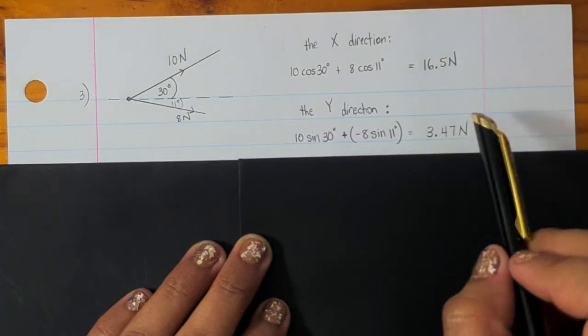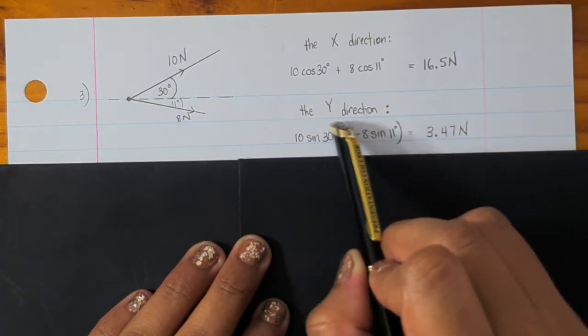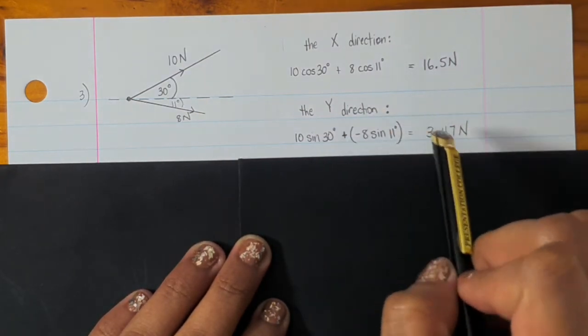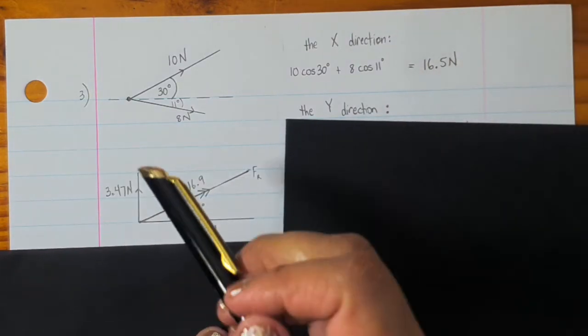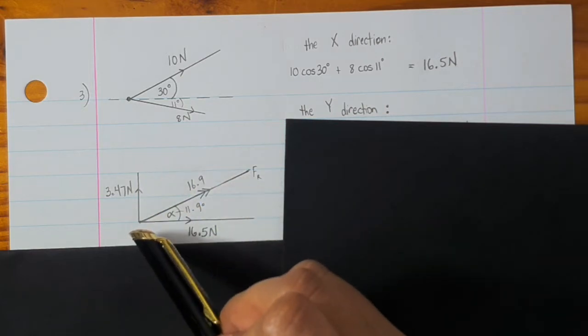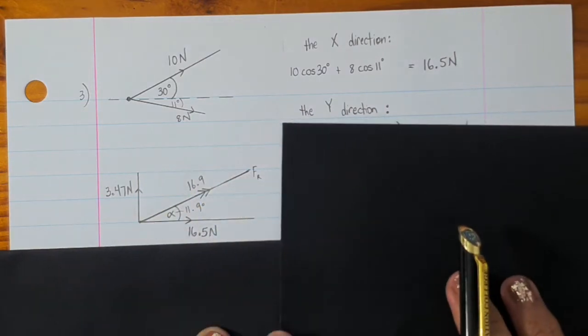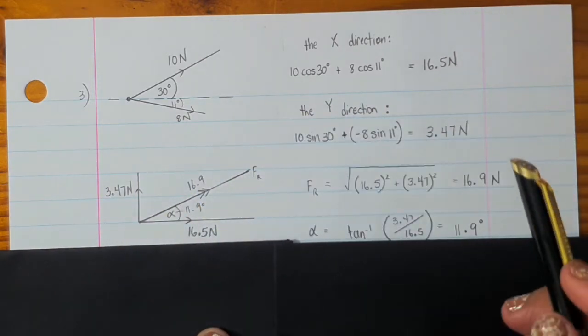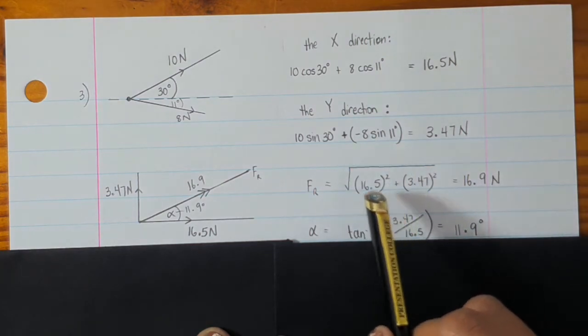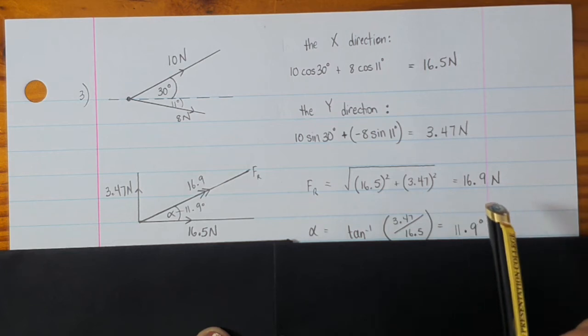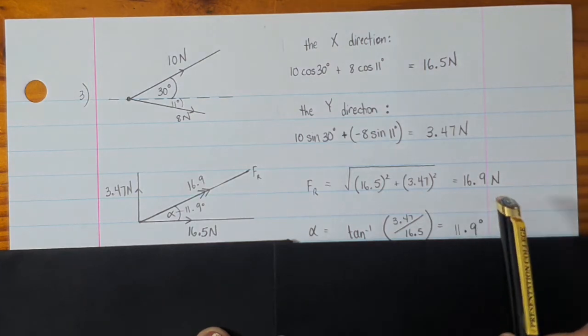So at the end of the day, the net vector is positive, so that means my diagram will look like this, acting up and acting to the right, and my resultant, the root of the sum of the squares of the perpendicular sides, I got 16.9 newtons.